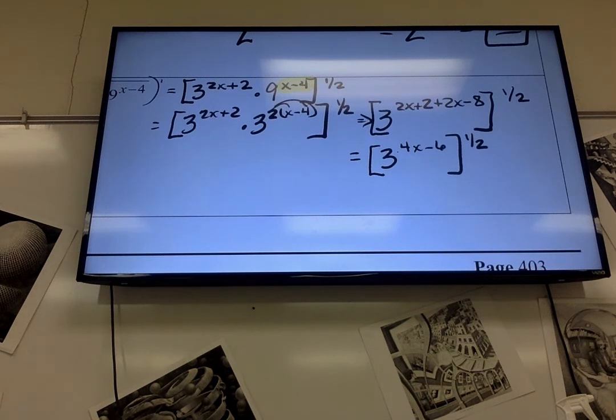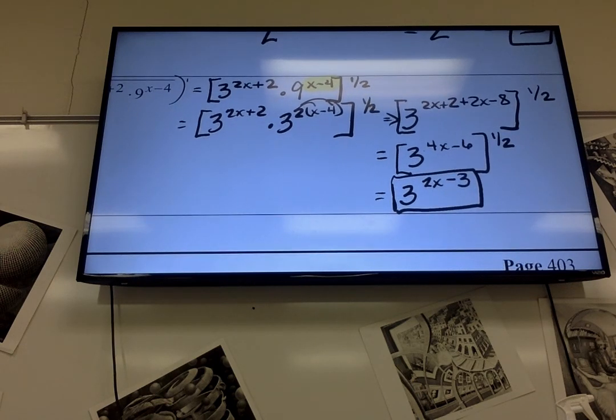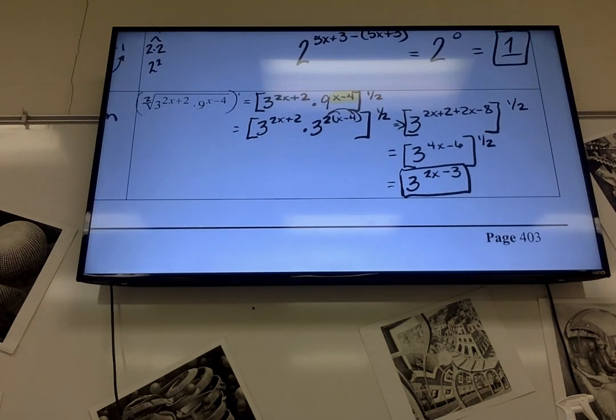So it's 3, but it's half of 4x, so it's 2x, and half of negative 6, so it's minus 3. That is a whole lot prettier than that original problem. It's way more simplified, I should say, which is what the directions, I believe, are going to tell you to do.